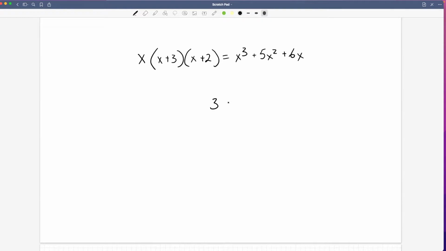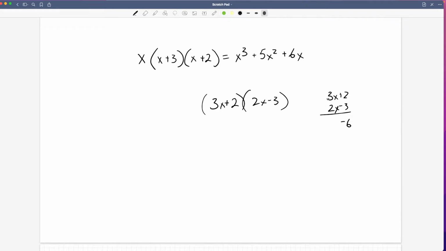I have 3x plus 2 times 2x minus 3. And to solve this a little bit easier, I'm going to stack it, right? So I'm going to stack this here, 3x plus 2 and 2x minus 3, and let's go for it. Negative 3 times positive 2 is a negative 6.